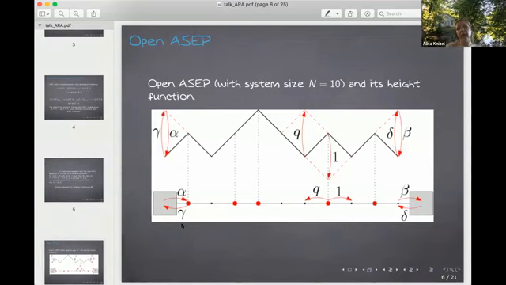In order to relate it to the pictures which we've seen before, we'll consider the following observable of the system, which is called the height function. In the language of the height function, this model can be viewed as a so-called corner growth model.